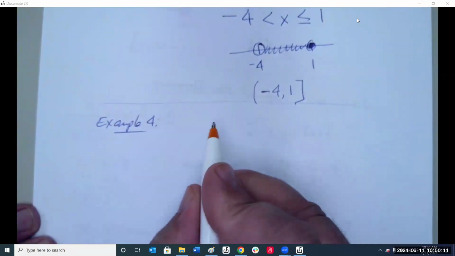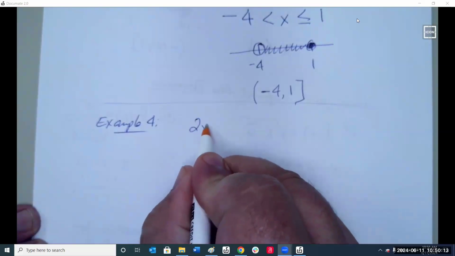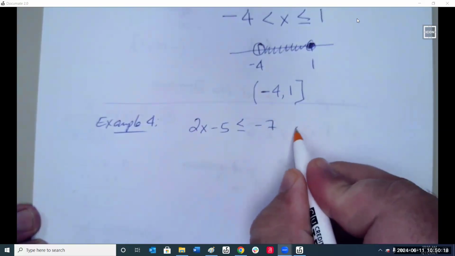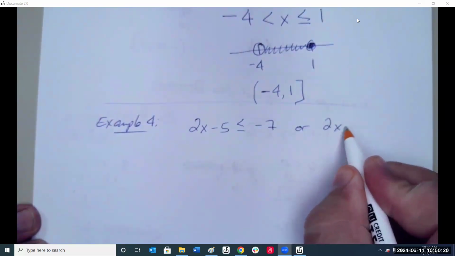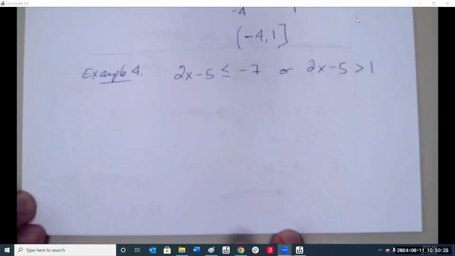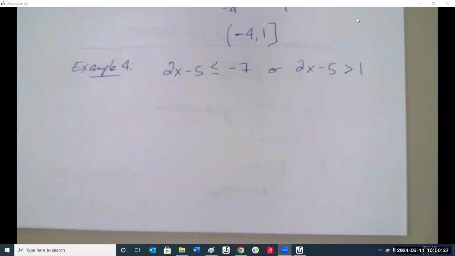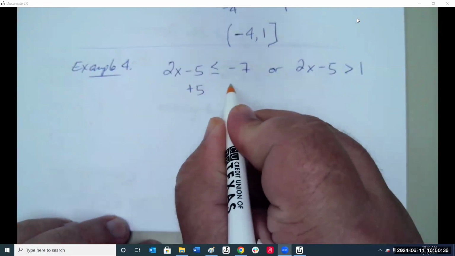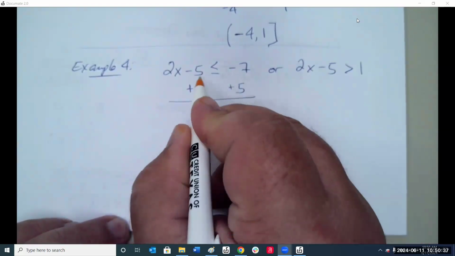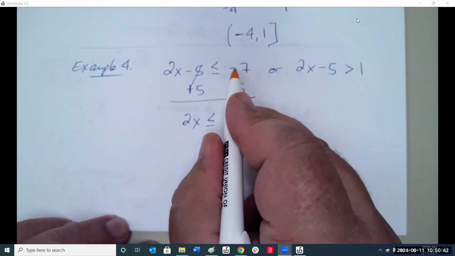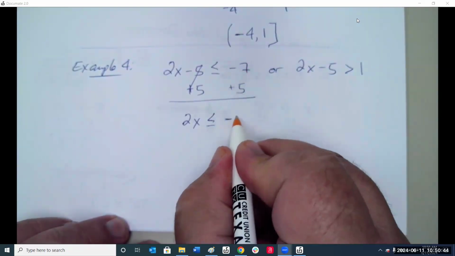Example 4. Solve 2x minus 5 is less than or equal to negative 7, or 2x minus 5 is greater than 1. Then graph your solution. So treat them both separately. You have to add 5. So we have 2x is less than or equal to negative 2.